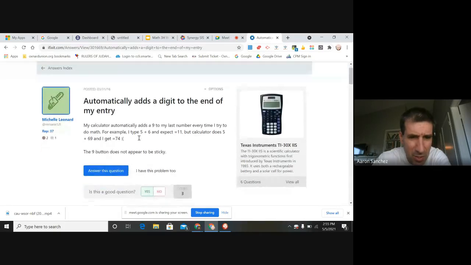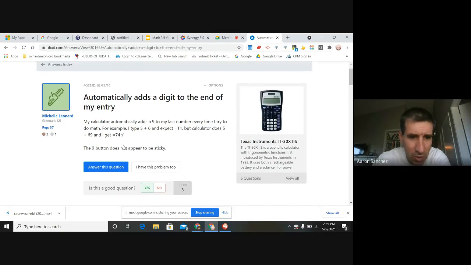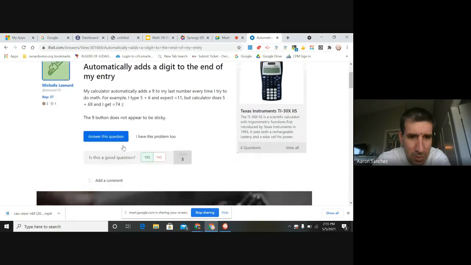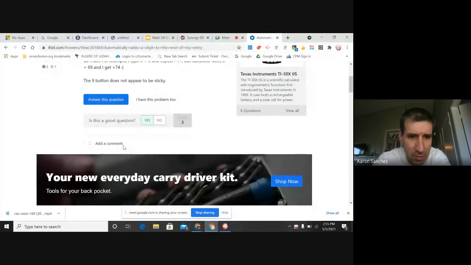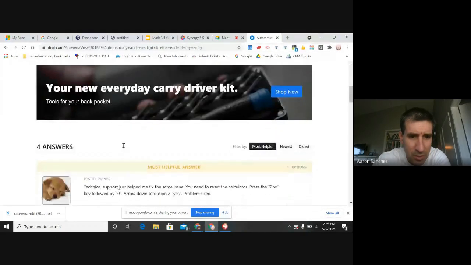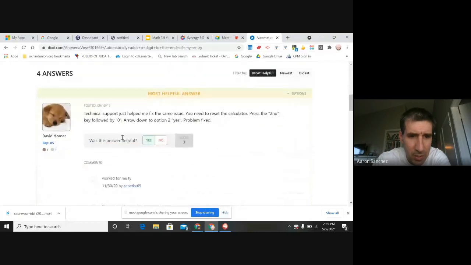My calculator automatically adds a 9 to my last numbers every time I do math. For example, I type 5 plus 6 and expect 11, but the calculator does 5 plus 69, and I get 74. The 9 button does not appear to be sticky. Did anyone answer that? Technical support just helped me fix the same issue.